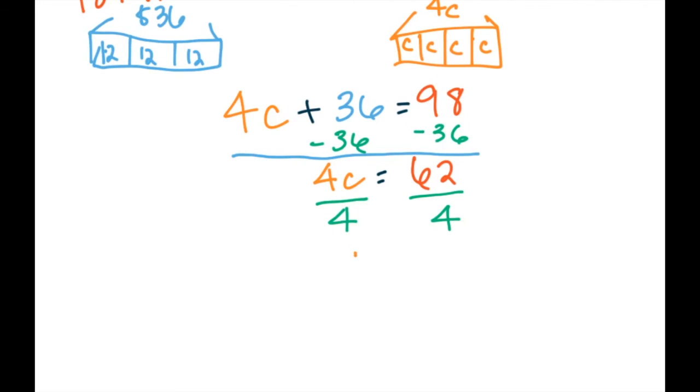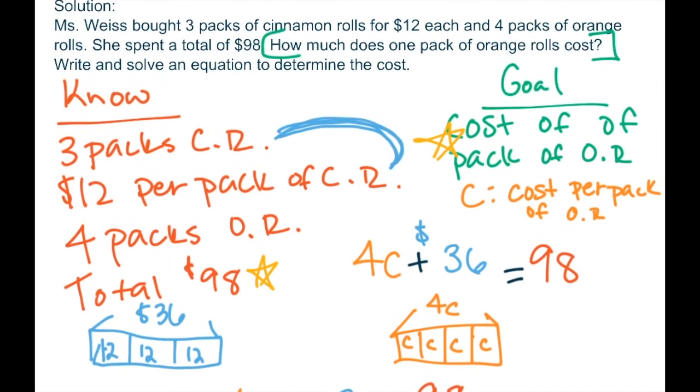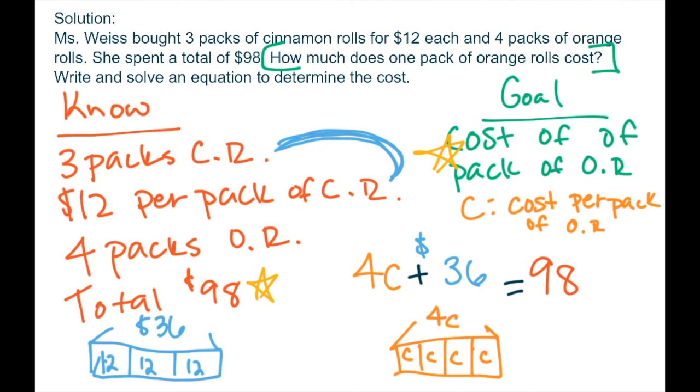And that'll leave me with c is equal to, and if you put this into a calculator, you get 15 and 5/10. But if we go back up and look at our question, we were trying to figure out how much does 1 pack of orange rolls cost.